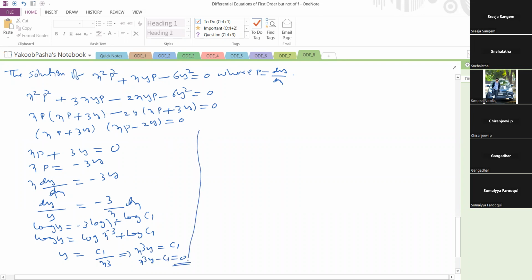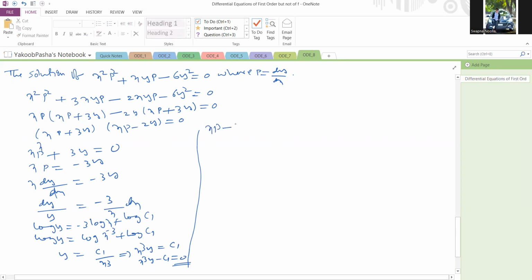After solving the first equation, now solve the second equation. So the second equation is xp minus 2y is equal to 0. So x into p means dy by dx is equal to 2y.